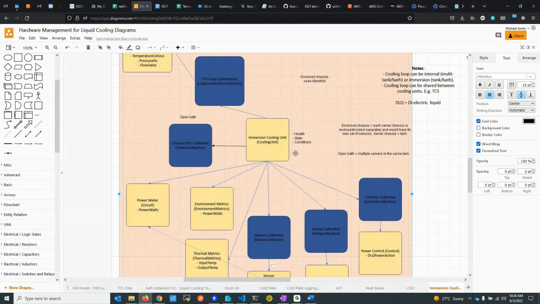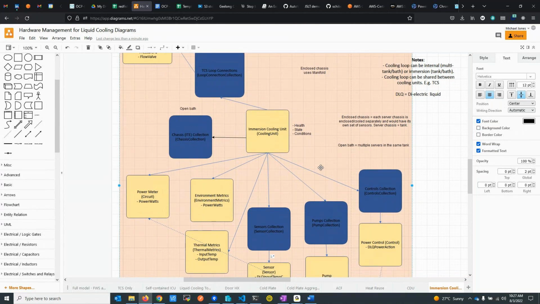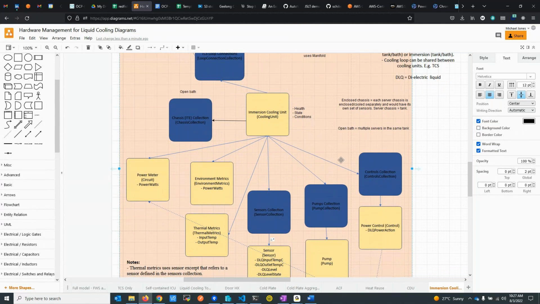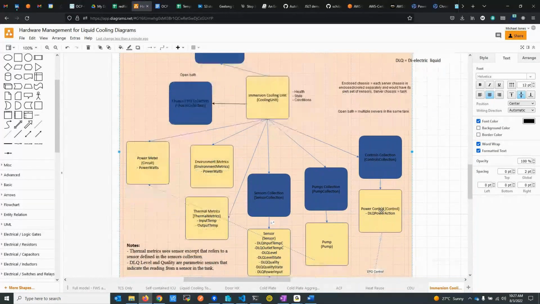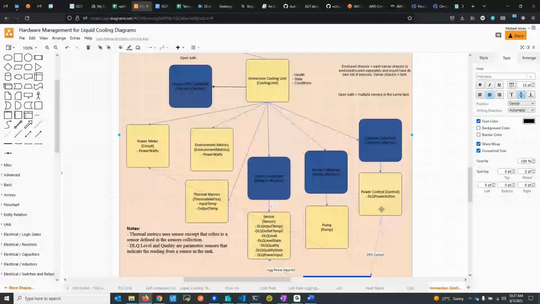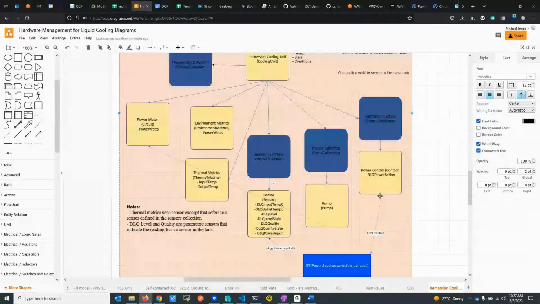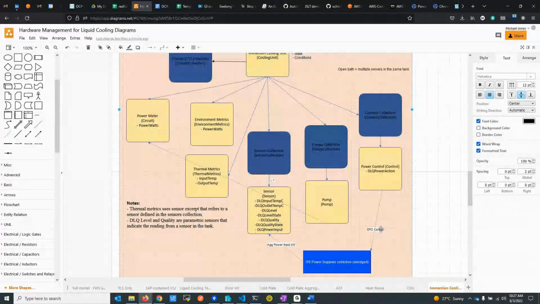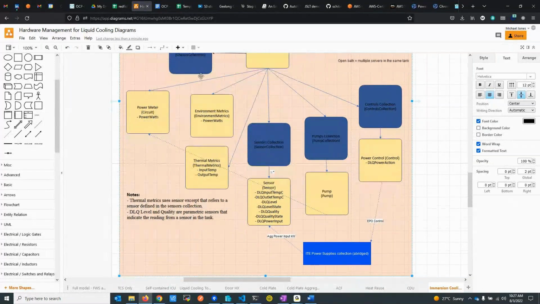Okay, good. So going back to the specifications from the current document, you've got the immersion cooling unit, and let's look on the right here, you've got a controls collection, so you've got power control, and the document specifies that there should be a power action, which is essentially an EPO, just shutting off the input power into the tank.